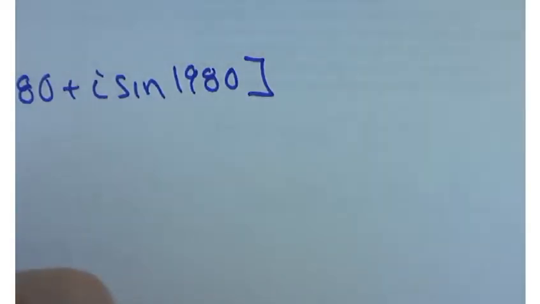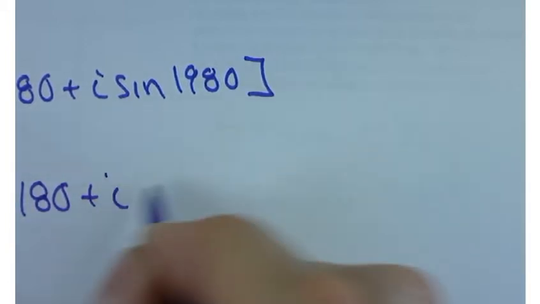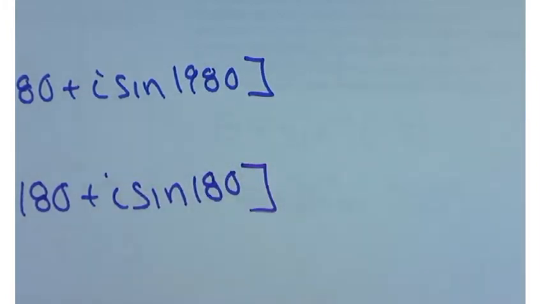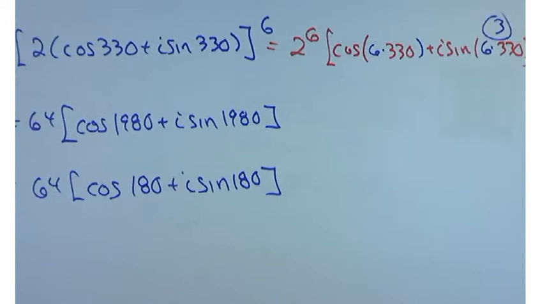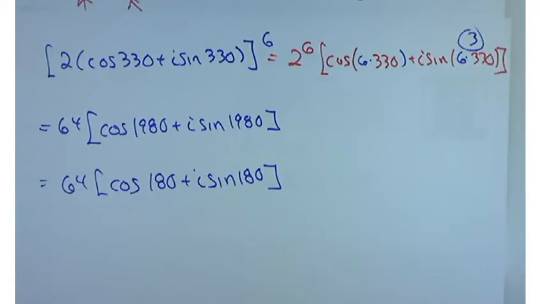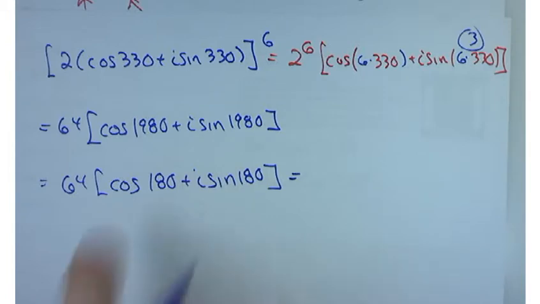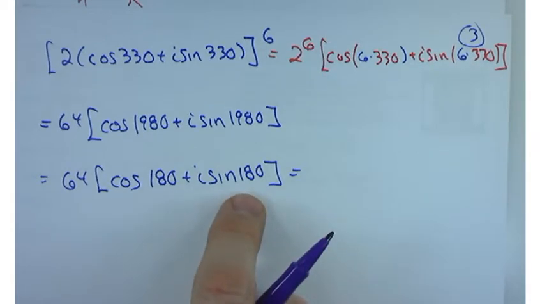So let me rewrite it like this. 64 cosine of 180 plus i times the sine of 180. And that's looking better. These look like pretty friendly angles.